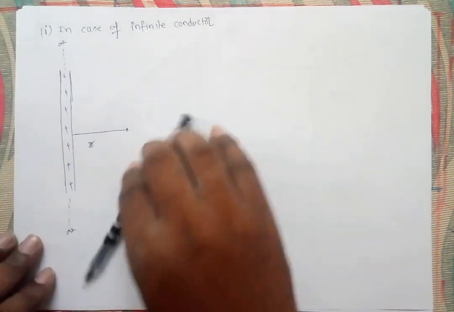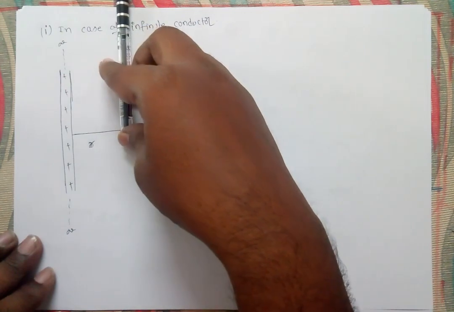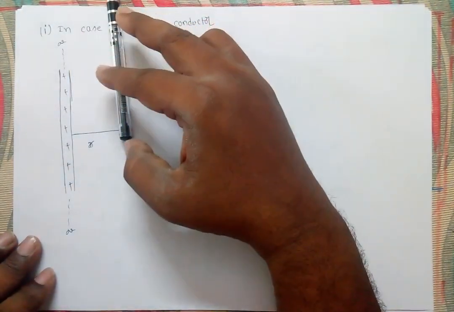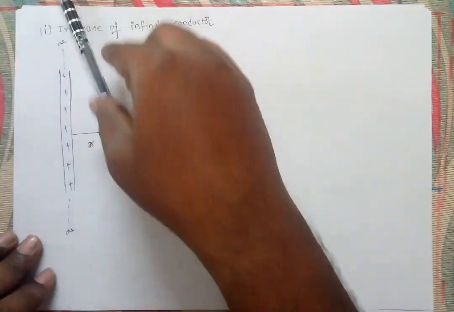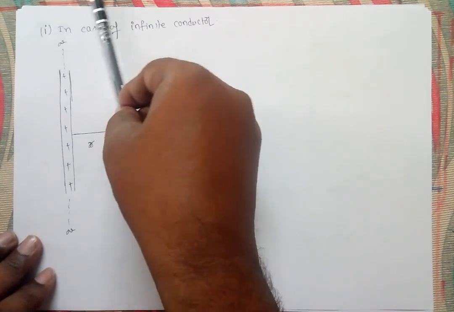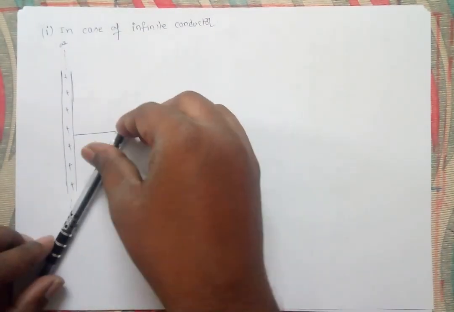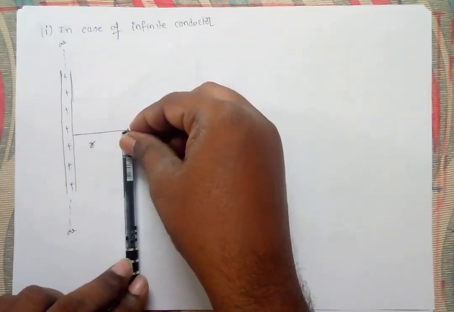Then what is the angle made by the infinite conductor at this point P? Looking at point P, the angle for the infinite upward part becomes 90 degrees. Similarly downwards, the angle also becomes 90 degrees.